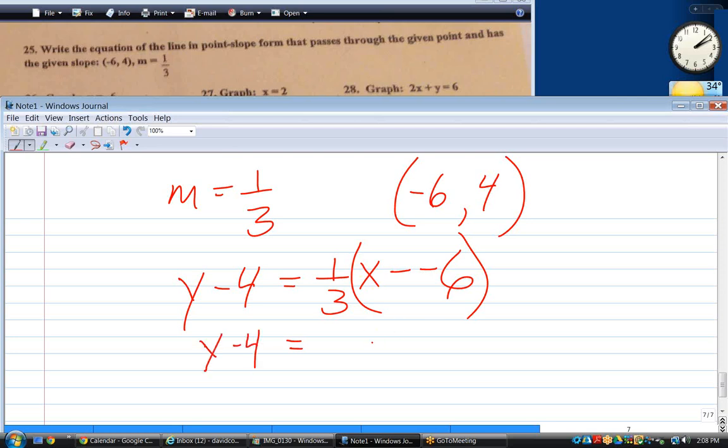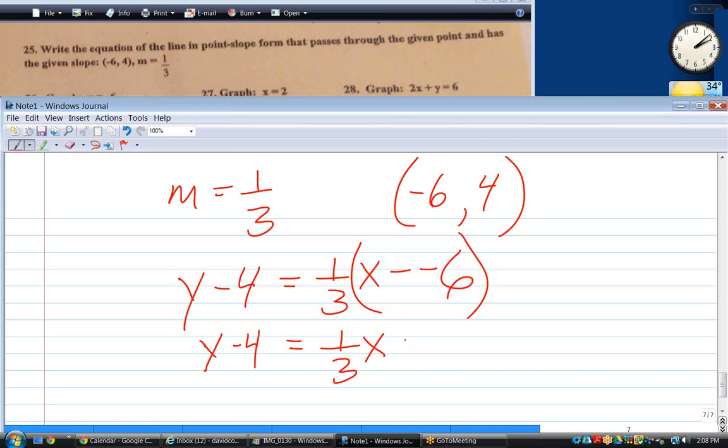What do you got? What's this? Just do a piece at a time. Distribute the first one. So it would be 1 over 3x, 2 of those, so that's plus, minus negative 2.